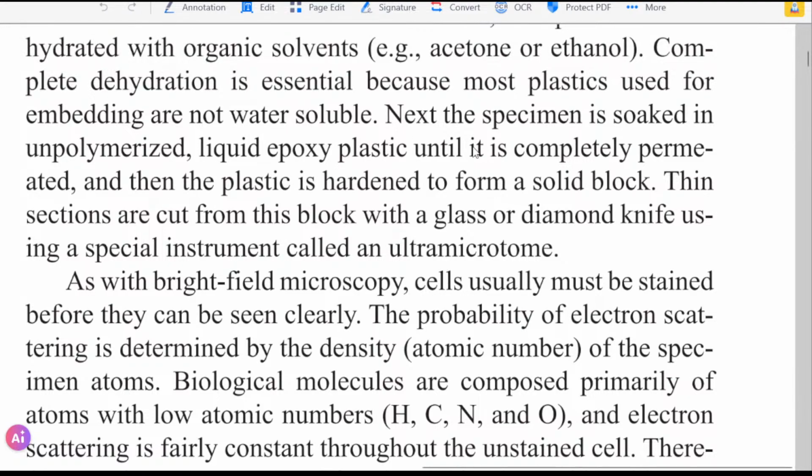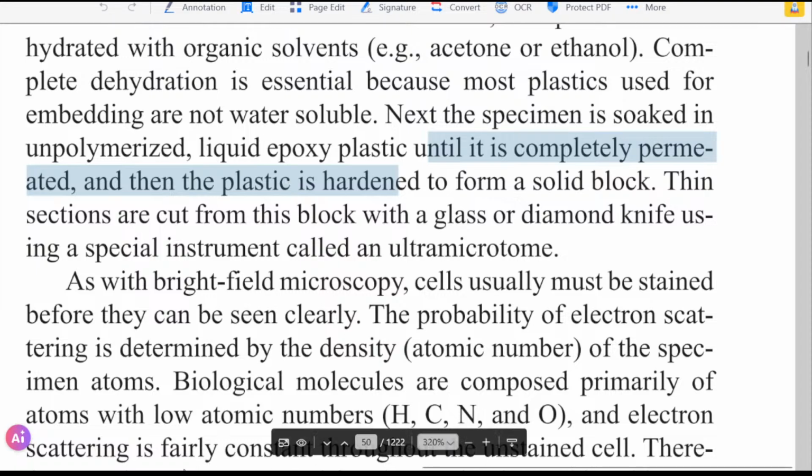Next, the specimen is soaked in unpolymerized liquid epoxy plastic until it is completely permeated. Now, when you are done with dehydration and the thin layer, the specimen is soaked in unpolymerized liquid epoxy plastic until it is completely permeated. What does permeated mean?